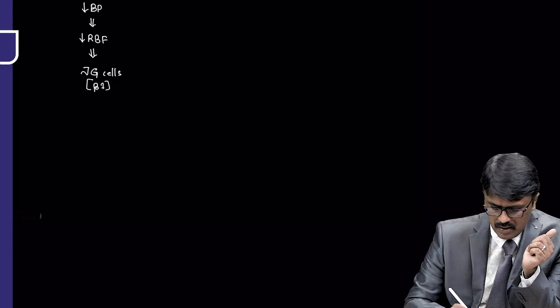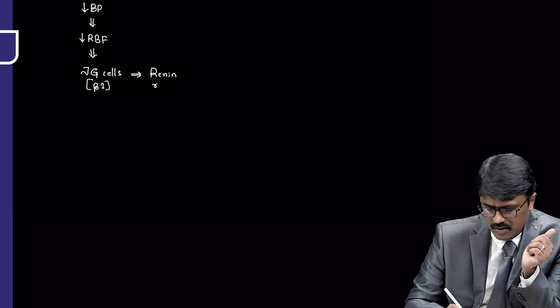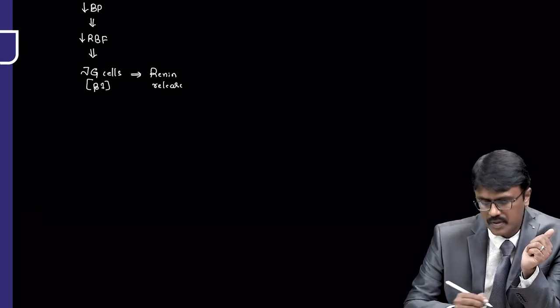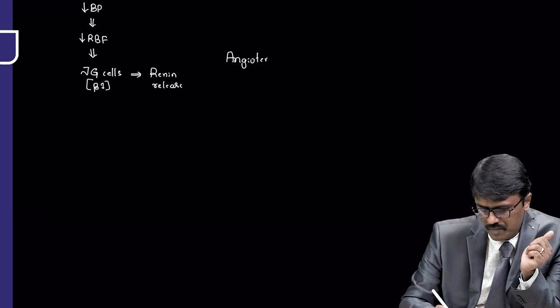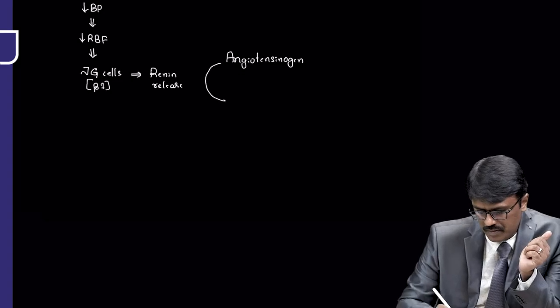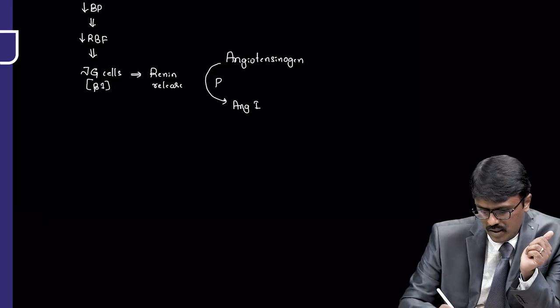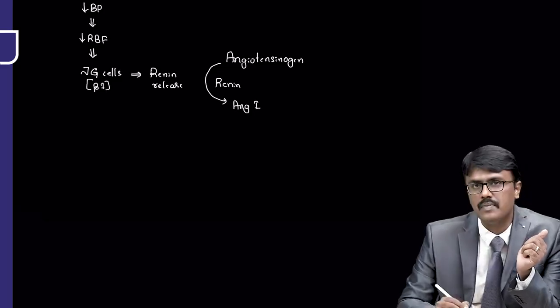The beta 1 releases renin. So there is release of renin. Now this renin which is released will convert angiotensinogen into angiotensin 1.